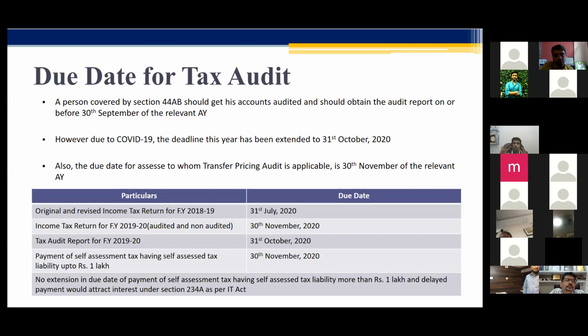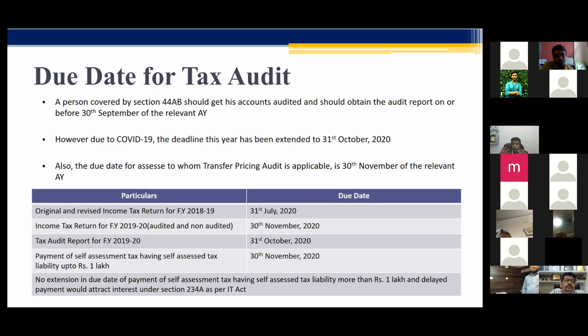So for financial year 1920, assessment year 2021, our due dates are 30th September for audit and 31st October for return in case of audit. For transfer pricing where audit is applicable, it was 30th November, both for filing the report as well as for filing the return.